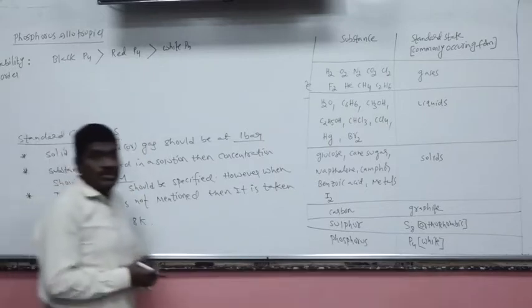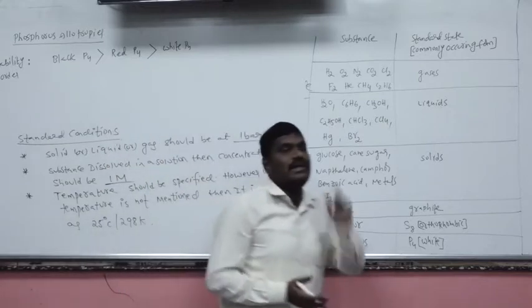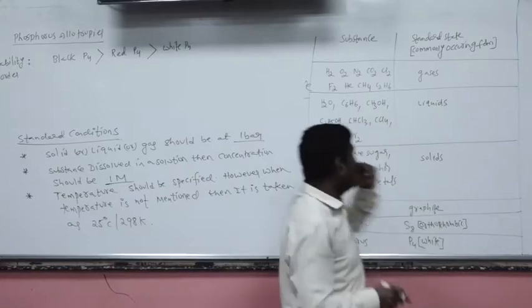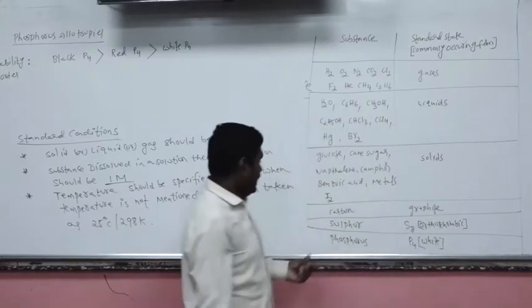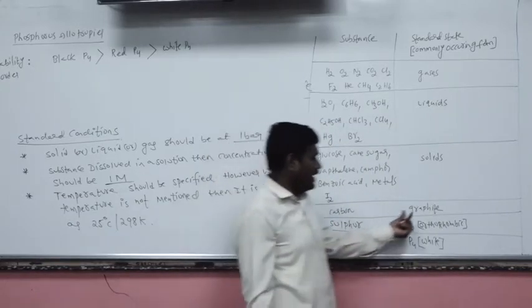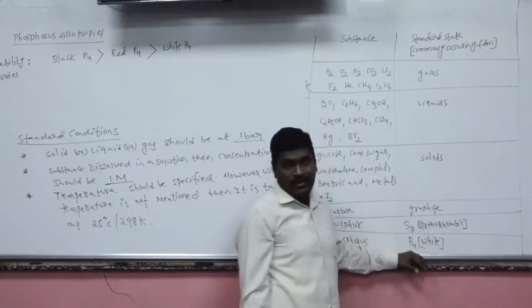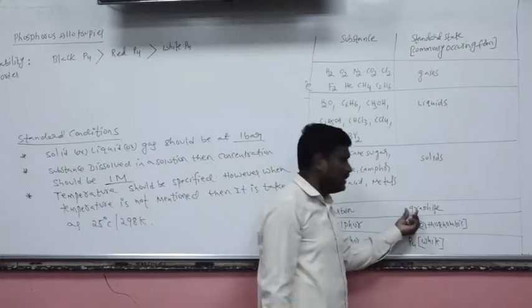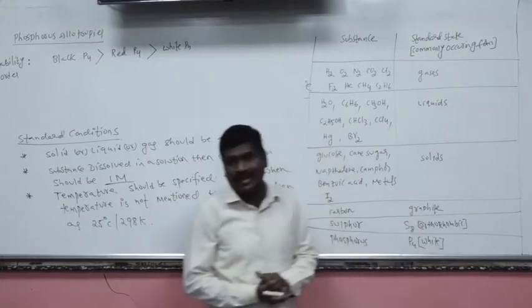Here the most stable and commonly occurring element is considered as the stable state, that is the standard state. Now in case of carbon, graphite and diamond are the two allotropes. Out of this, graphite is the most stable and commonly occurring.